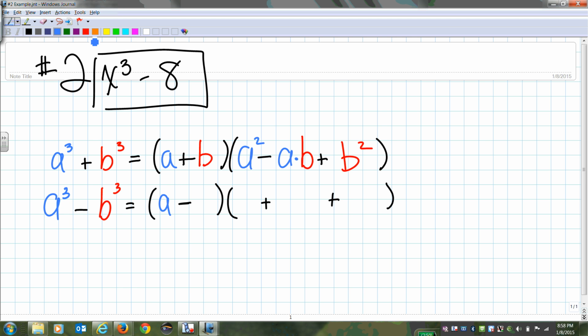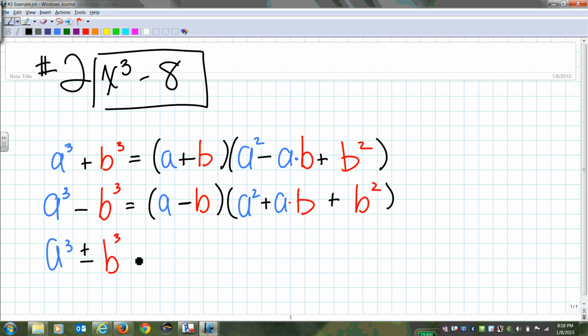So this is a minus b, and then a squared plus a times b plus b squared.